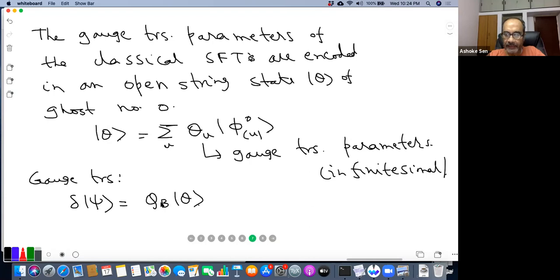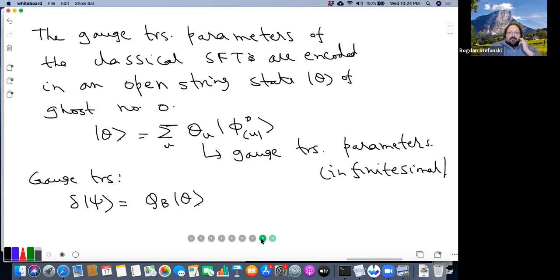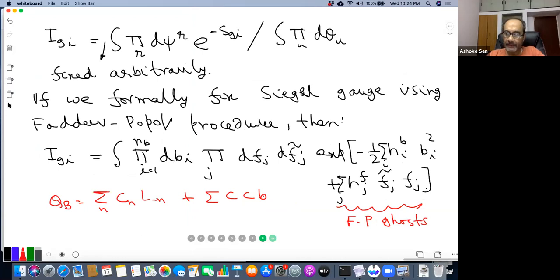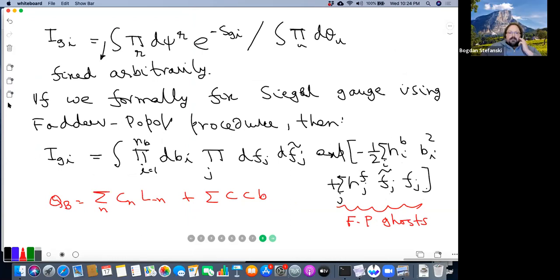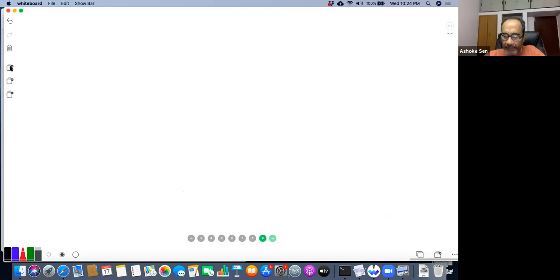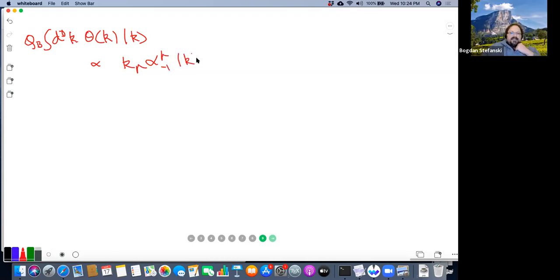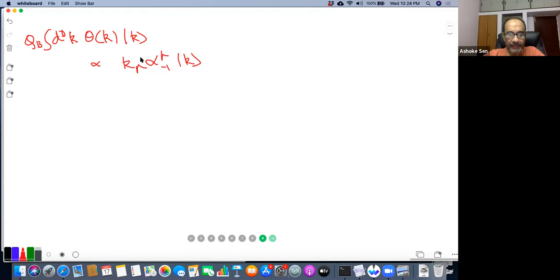This QB theta. Okay. So maybe I can just explain it in the following way. Suppose you had a D-brane, not a D-instanton, but there's a momentum. If you have a momentum carrying state, then the gauge transformation parameter will be a theta of k multiplying the k vacuum, right? Instead of vacuum, you'll have the state of momentum k, and you have an integral ddk. When QB acts on this, it produces a state proportional to k mu alpha mu minus 1 on k, and then there is C1.